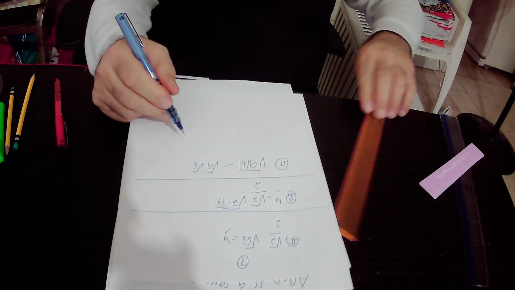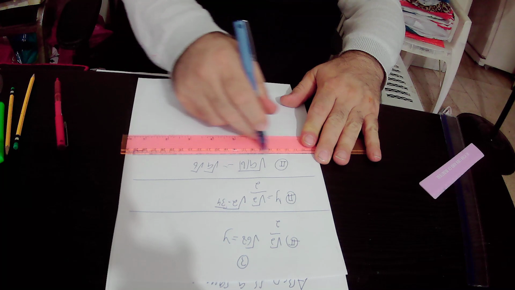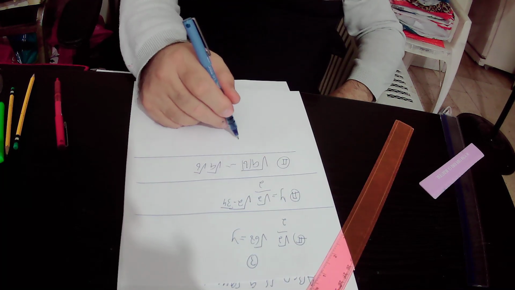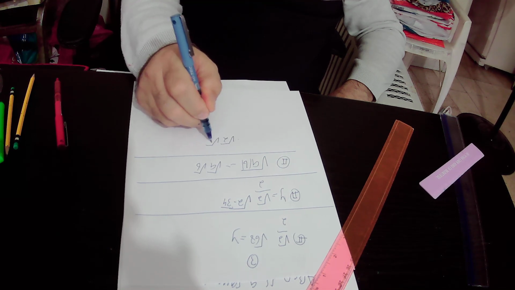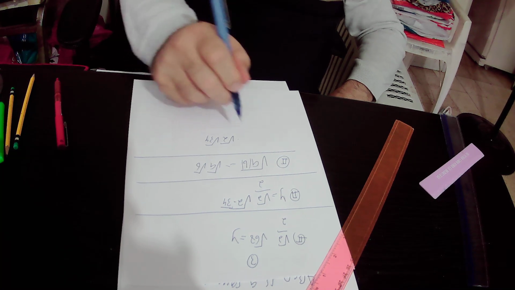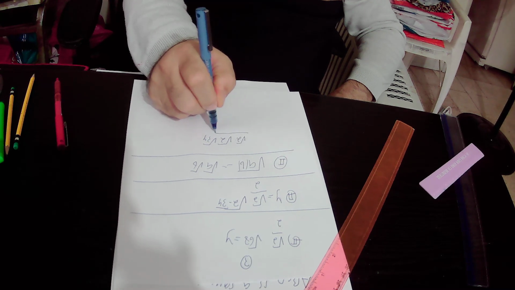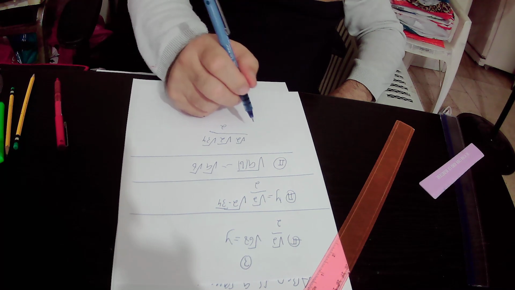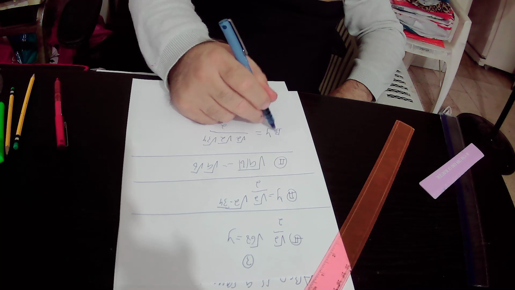So according to this rule, the square root of 2 times 34 will be equal to the square root of 2 times the square root of 34, and you multiply it by the square root of 2 over 2. It equals y according to equation number 2.